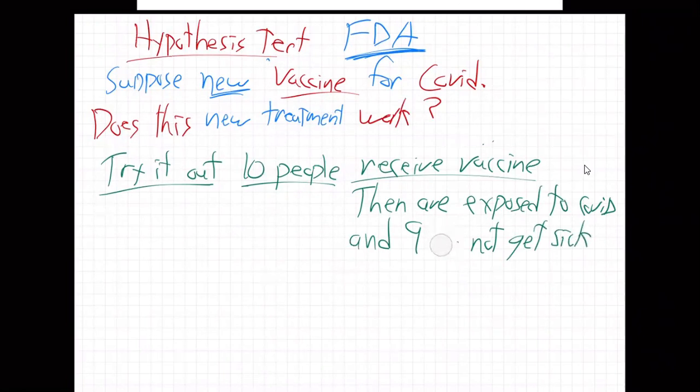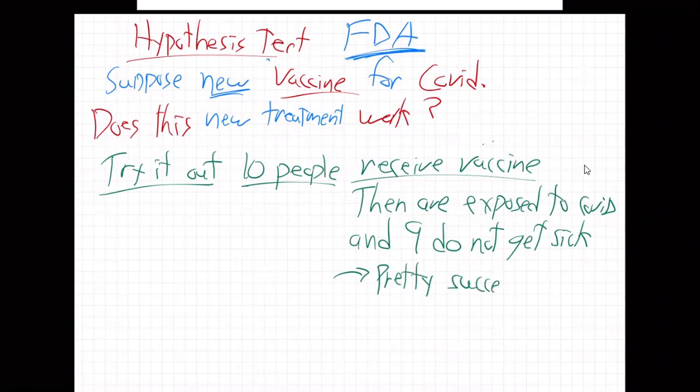So should they conclude, therefore, that it's working? That's 90%, right? That's pretty good. Honestly, I'm making up the numbers here. I have no idea what percentage they're looking for and what would be success, but let's just suppose 9 out of 10. Let's call that success.